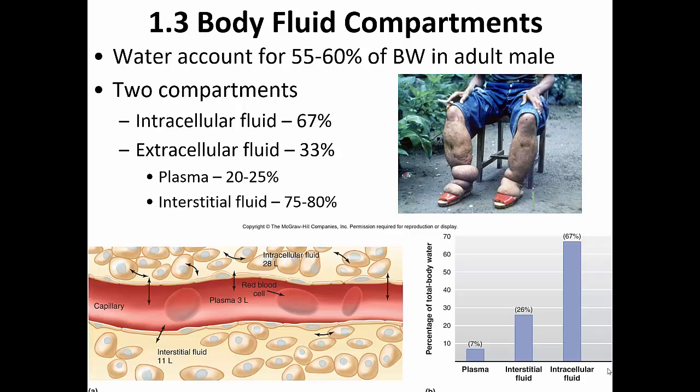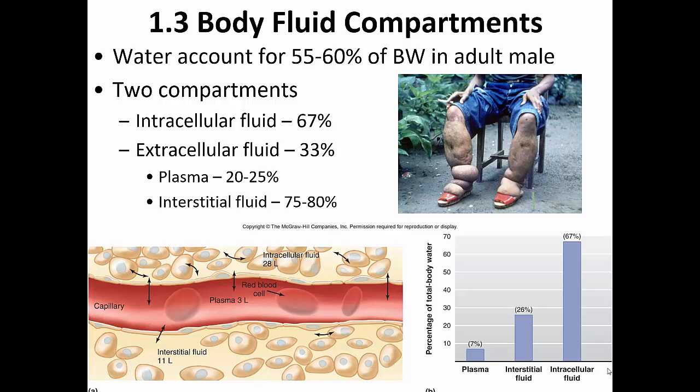The majority of it is found in the intracellular fluid, which is fluid found within cells, comprising the cytosol and the cytoplasm of the cells. Some of that fluid is associated with the organelles themselves. But a lesser percentage is extracellular fluid, which is fluid found inside the body but outside the cells.